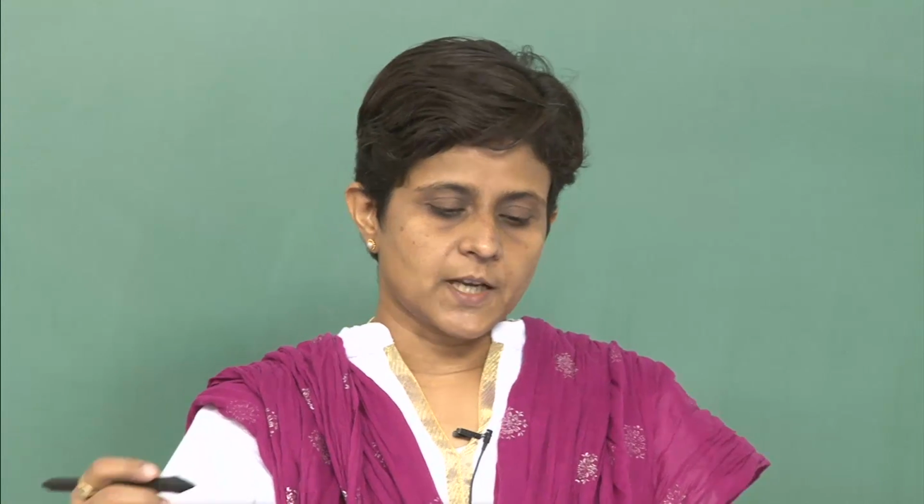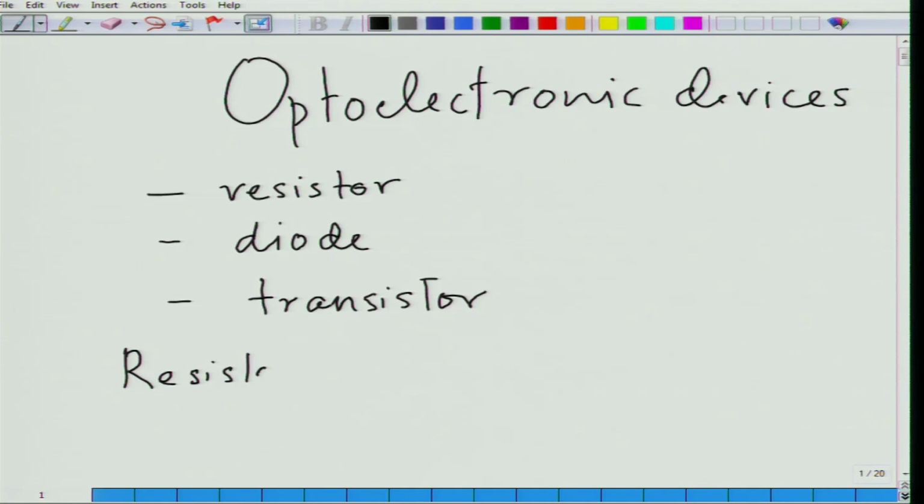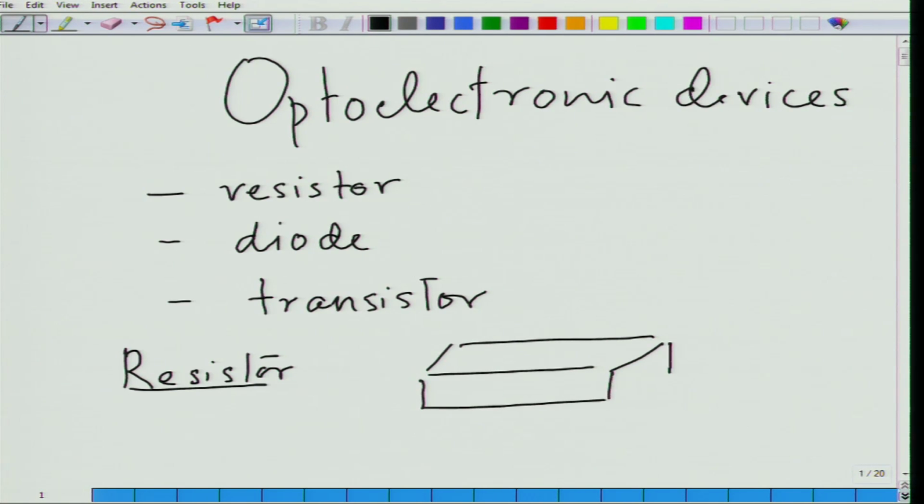To give an example, I will start with a very simple device, a resistor. A resistor is nothing but a material of a certain dimension. Let us assume it to be a rectangular piece with the area A and length L and resistivity of rho.